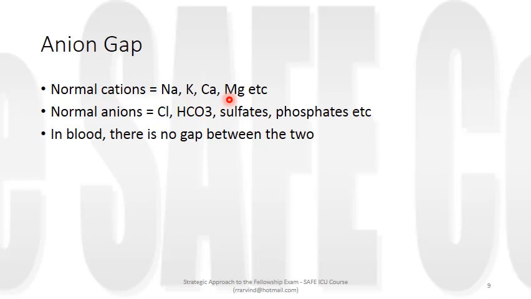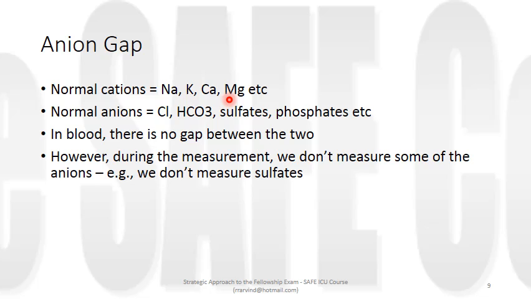So what is this whole concept of the so-called anion gap? It's a measurement problem. It's a measurement gap. It's a laboratory feature. During the measurement, we only measure some of the anions. We do not measure other anions. So the sulfates and the phosphates may not be measured.